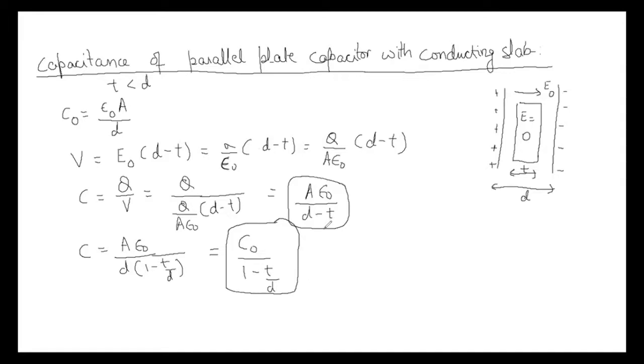Now if T is equal to D, which means that the total distance between the plates of the capacitor is equal to the thickness of this conducting slab, the capacitance C will be, from here, you can see the denominator will be 1 minus 1, so C naught upon 0, and anything divided by 0 is infinity.